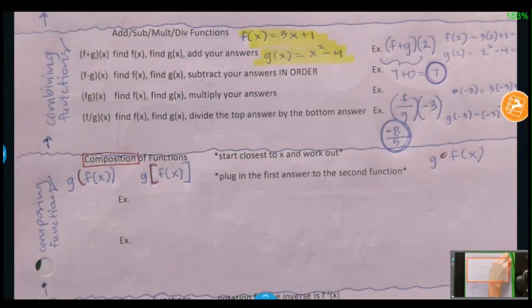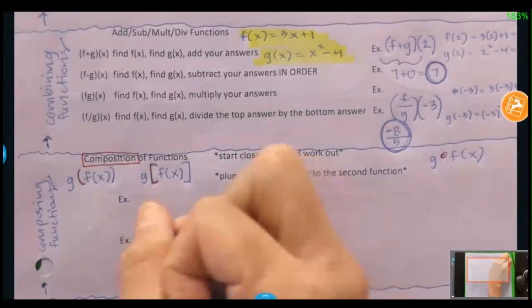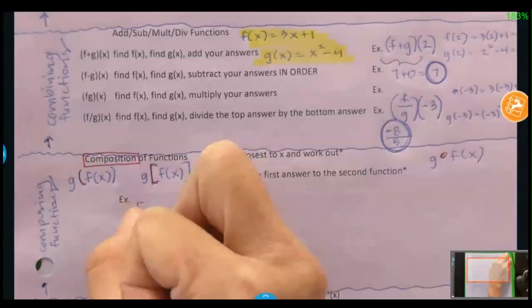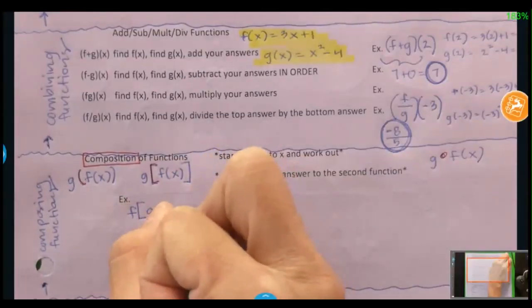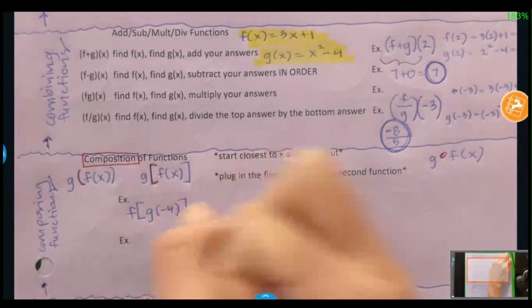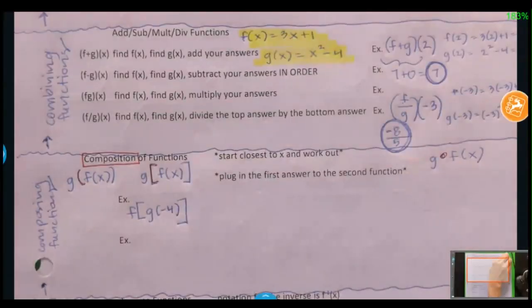All right, so we're going to start with an easy one. Caleb, give me a negative integer. Okay, -4. So let's do F of G of -4. That's just what he said. F of G of -4. Now, the order matters.